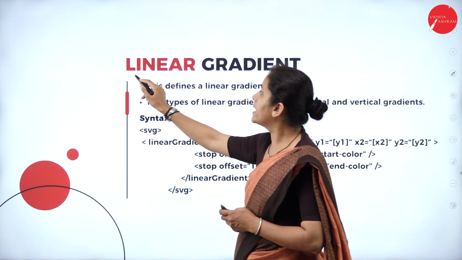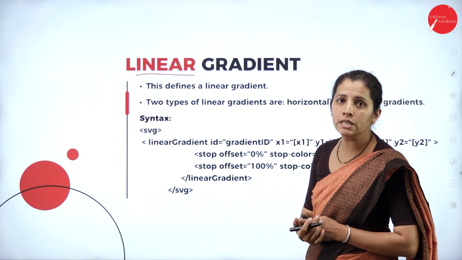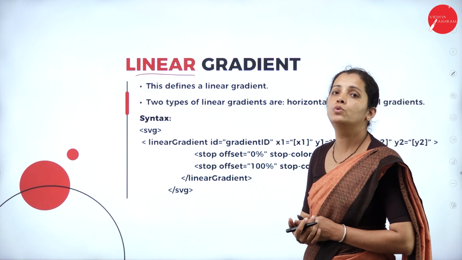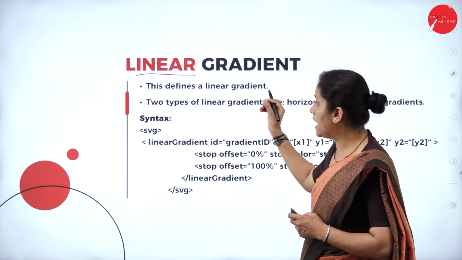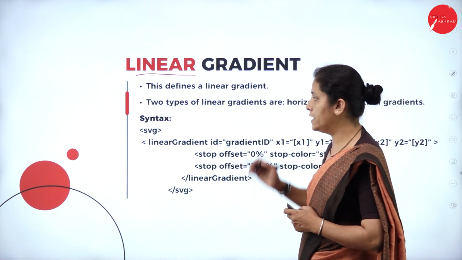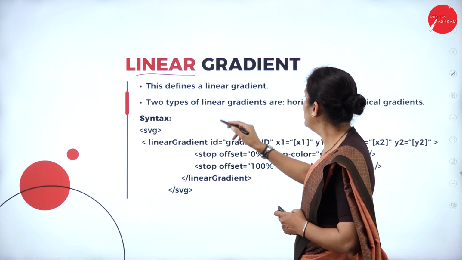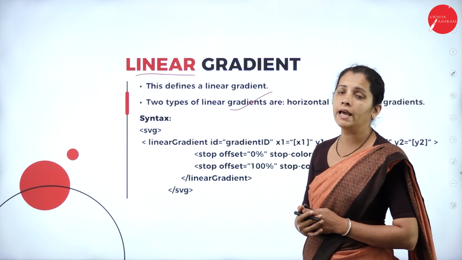Fine. Now, how can I apply a linear gradient? When I want to change the color of a line, I'm going to use the linear gradient. There are two types of linear gradients. If I consider a line, what are the two types of line I can have?